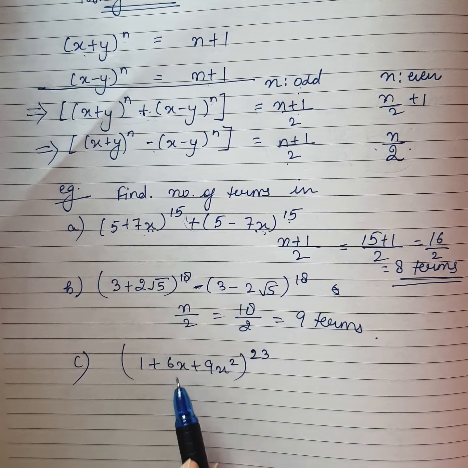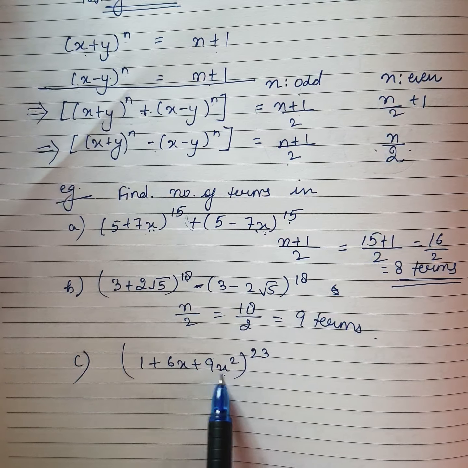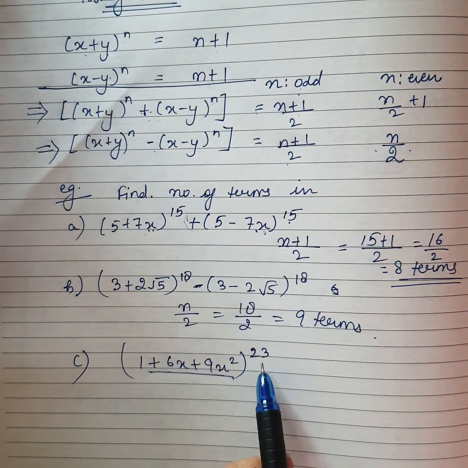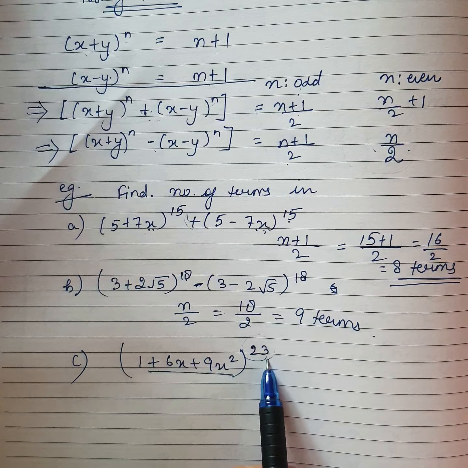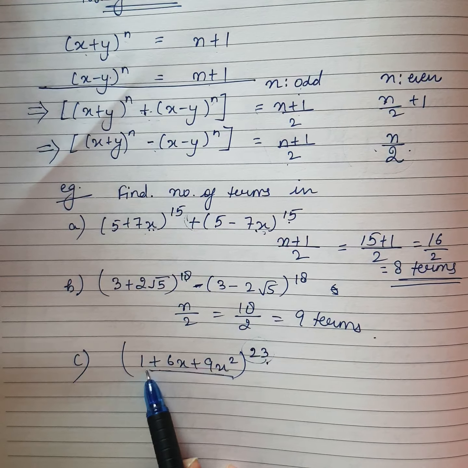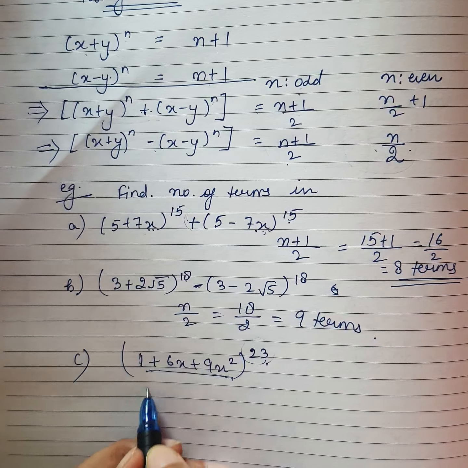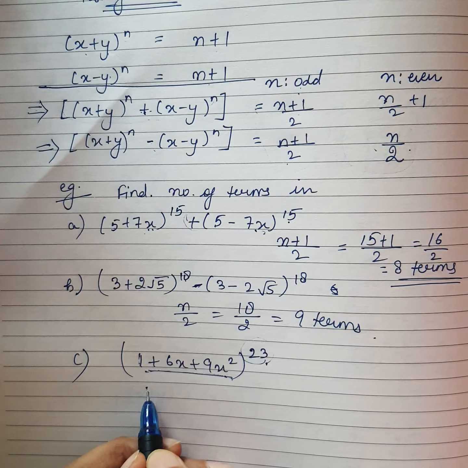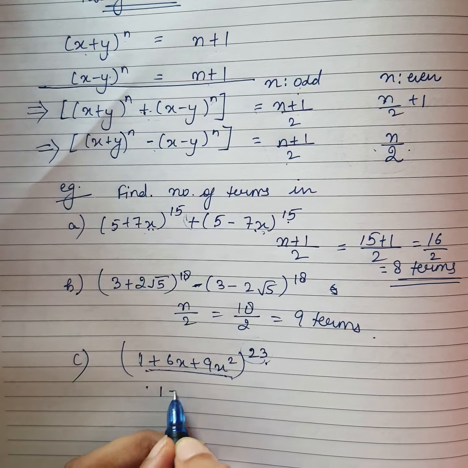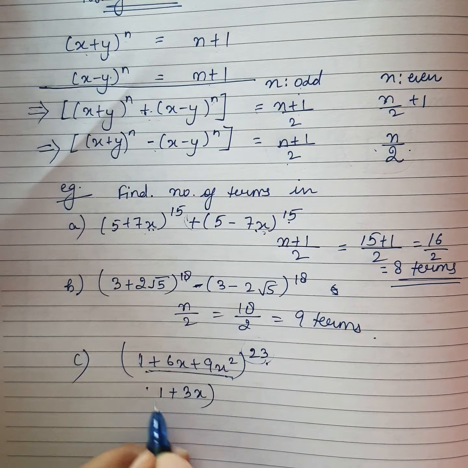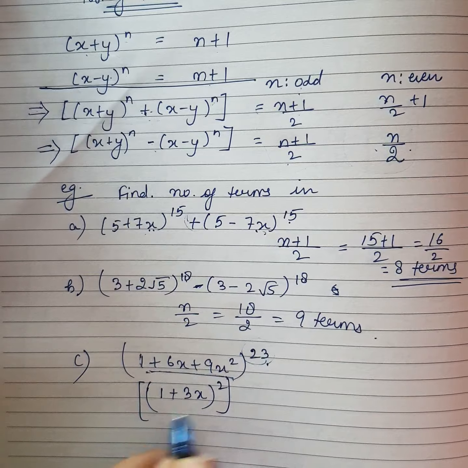Now tell me the number of terms in this. Since it is not a binomial, you cannot directly write 24 terms. So first we need to convert it into a binomial. As you can see, this is a perfect square, or you can do it by middle term splitting. This is actually (1 plus 3x) whole square.